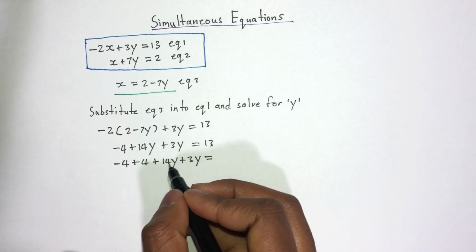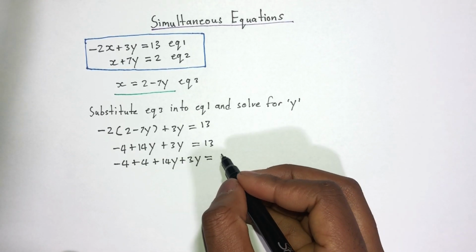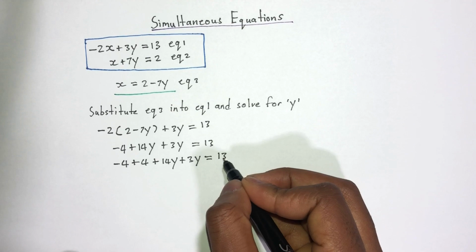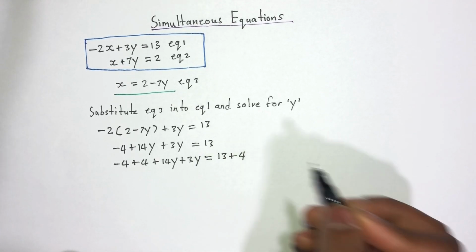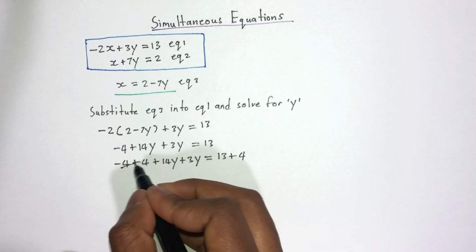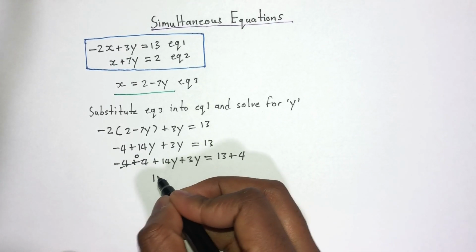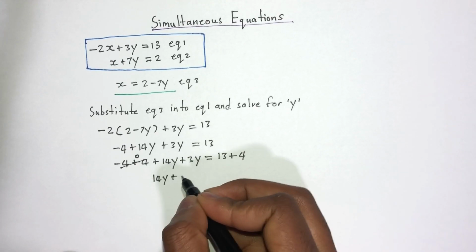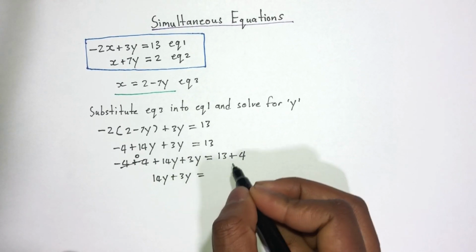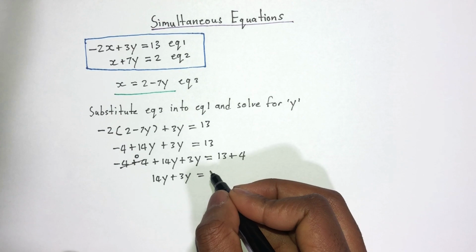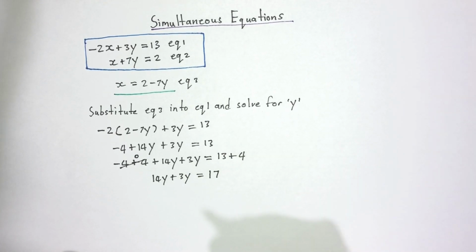And what we do on this side of the equation, we have to do on the other side. Now, this is 0, and we're left with 14y plus 3y equals 13 plus 4 gives us 17.